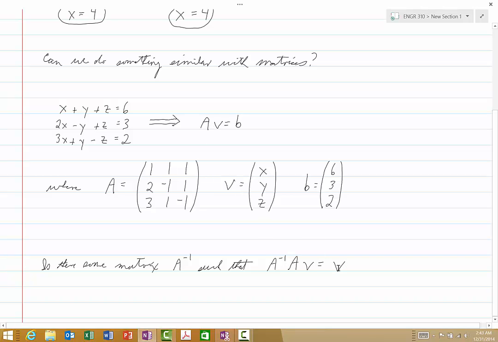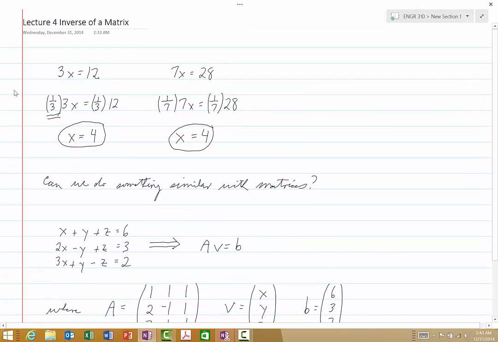We want to find a matrix so that when we multiply the left-hand side by that matrix, then we'll just get V alone. Just like up here when we multiplied the left-hand side by 1/3, then the 1/3 and the 3 gave us 1, and 1 times x is x. So we got x alone. Or here we had 7x, so we multiply by 1/7, and when we do that again, we get x alone.